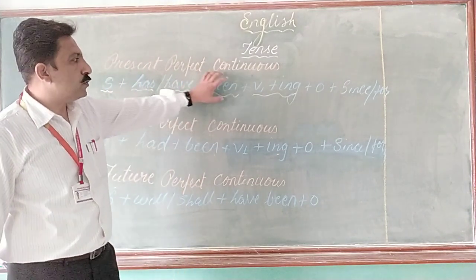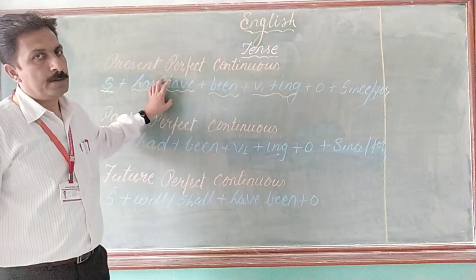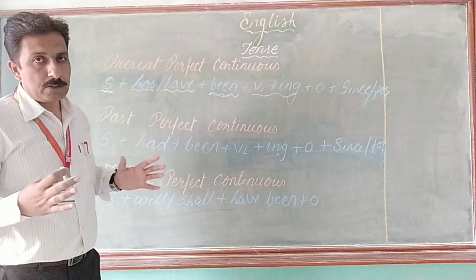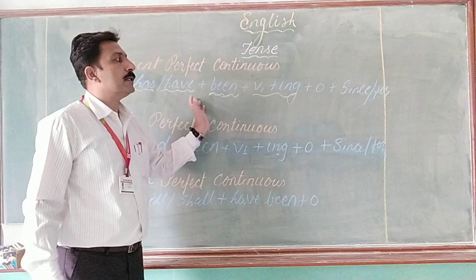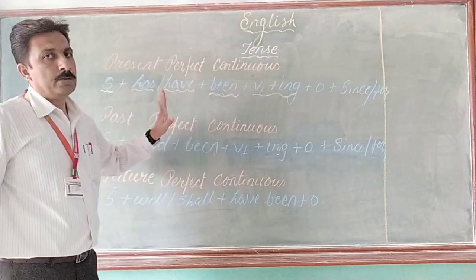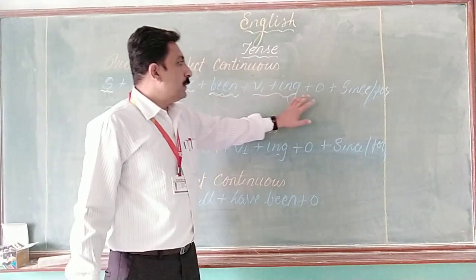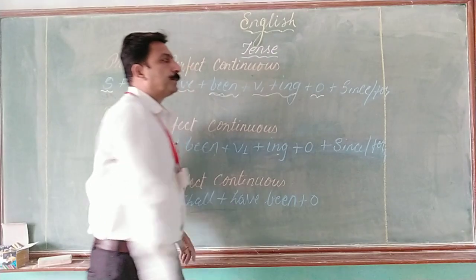This been is joining this perfect and continuous form. We can say it is a joiner. It is joining the perfect and continuous forms. For your understanding, we can better understand it. So after this, as usual, at last we have object.